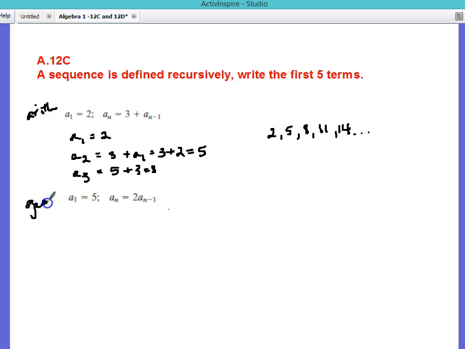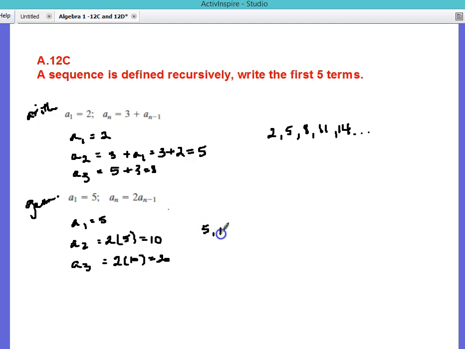Geometric example, we've got A sub 1 is 5, and our pattern here is 2 times the term before it. So in A sub 2, this would be 2 times the one before it, which was 5, which is 10. We want to show this process for our kids so they know what's happening and where I'm getting these numbers from.